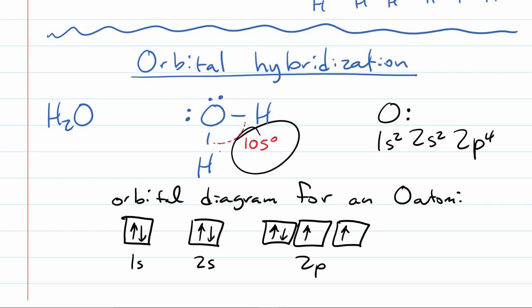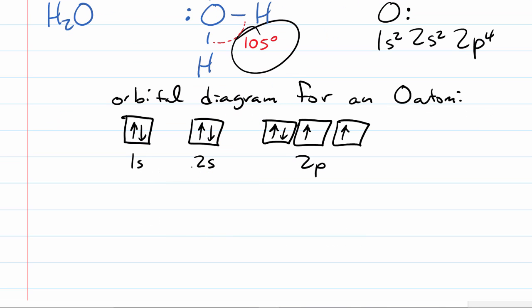And we don't see that. Instead, what we see, in fact, something like this, which has 4 pairs, all of which are bonding pairs, we see all the angles here are the 109.5. So to explain this, what happens is that these orbitals right here go through a process of hybridization.